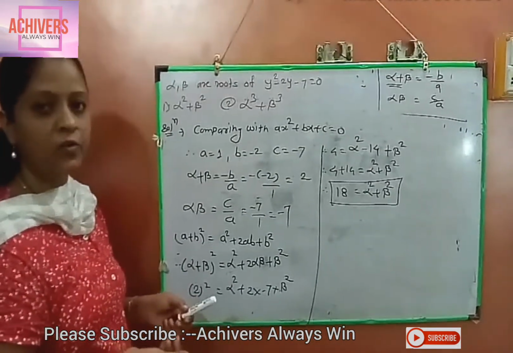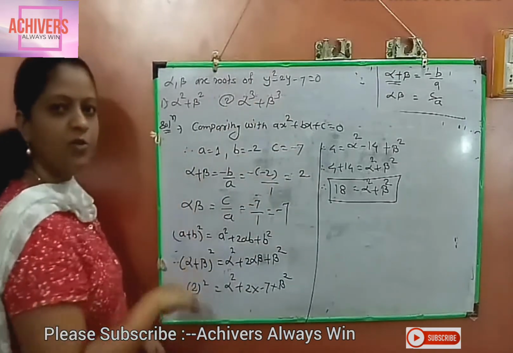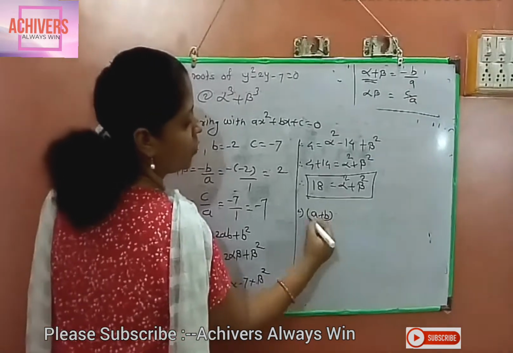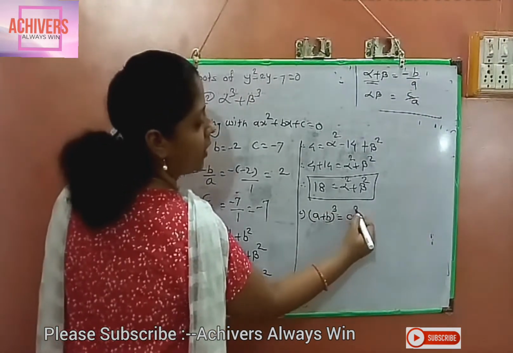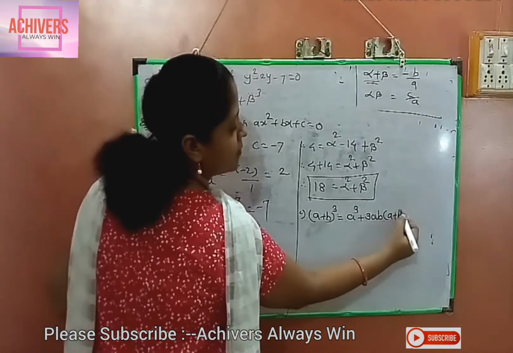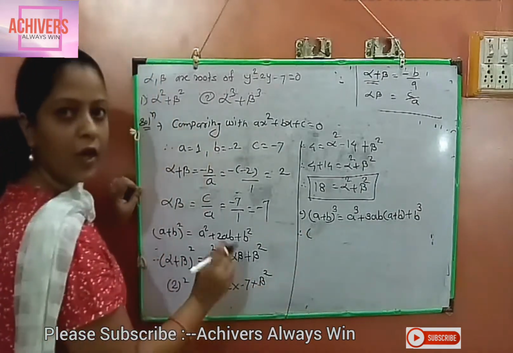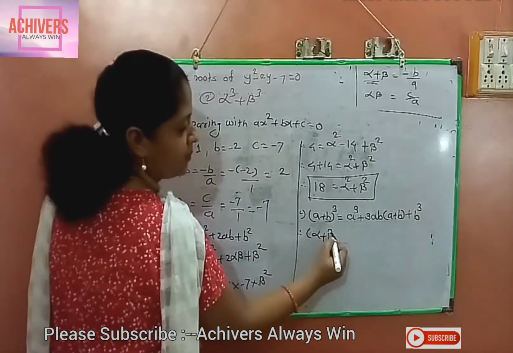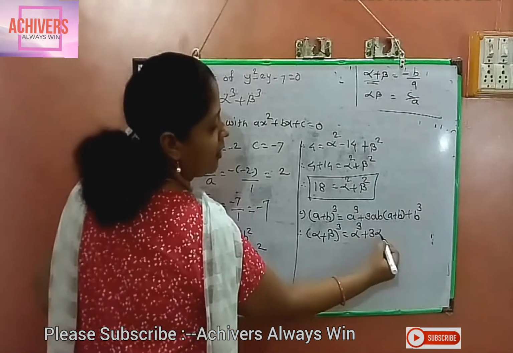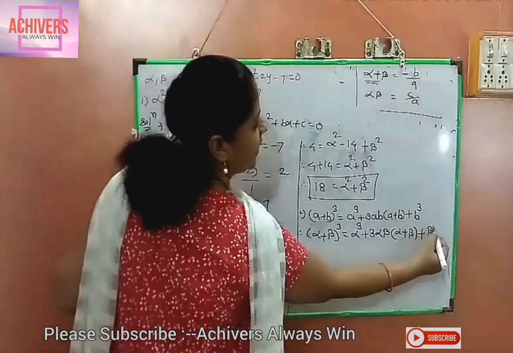Then find another value, alpha cube plus beta cube. Here also we use an expansion. Which expansion? A plus B the whole cube is equal to A cube plus 3AB in bracket A plus B plus B cube. Therefore alpha plus beta cube is equal to alpha cube plus 3 alpha beta, alpha plus beta, plus beta cube.